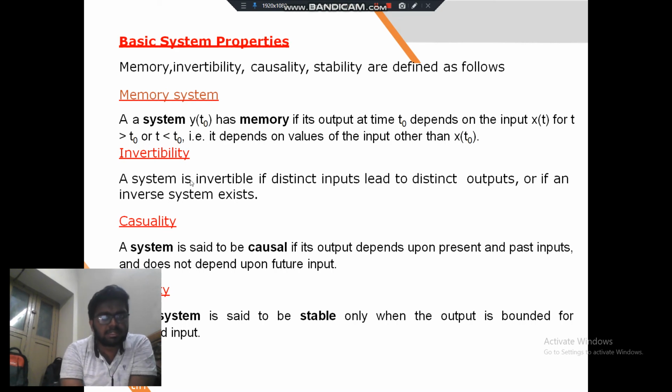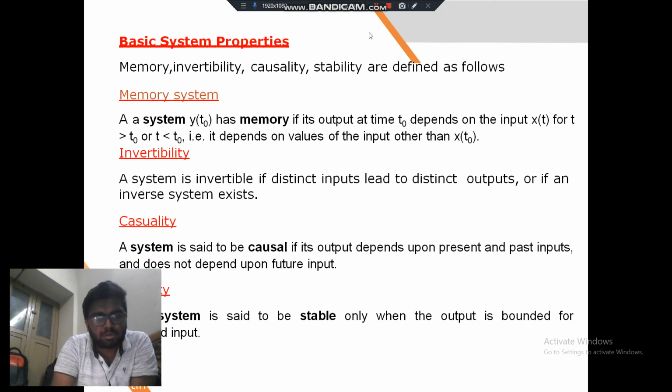A system is said to be invertible if distinct inputs lead to distinct outputs. For causality, a system is said to be causal if the output depends only on the present and past inputs, and does not depend upon future inputs. And coming to stability, a system is said to be stable if it is BIBO, bounded input and bounded output. It is stable only when the output is bounded for a bounded input.